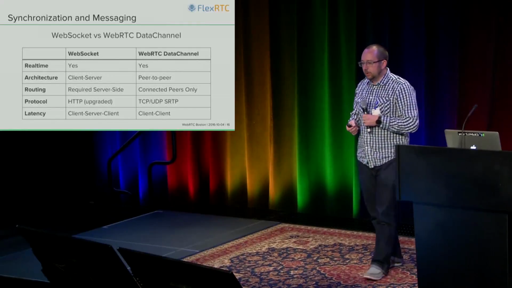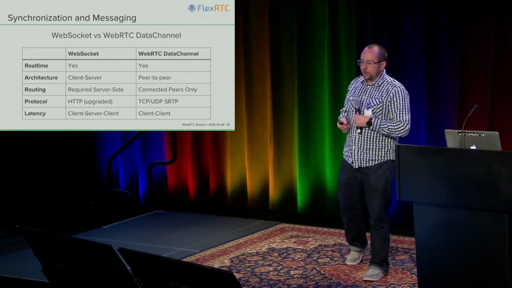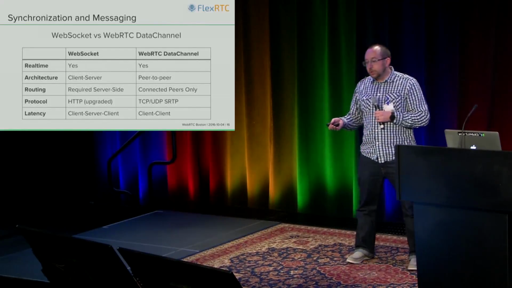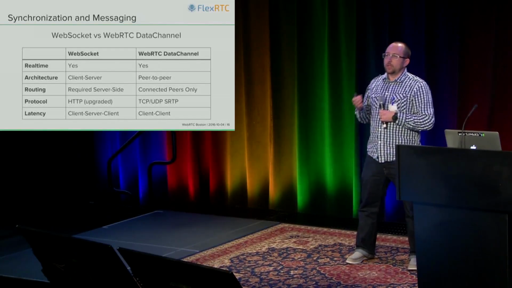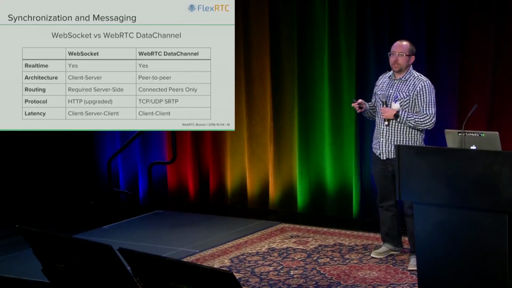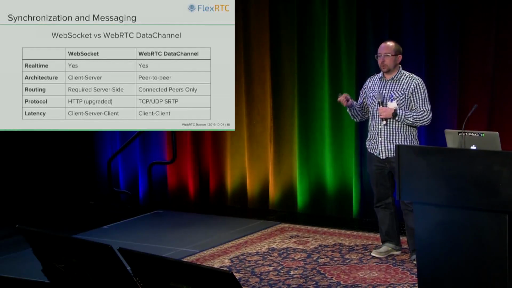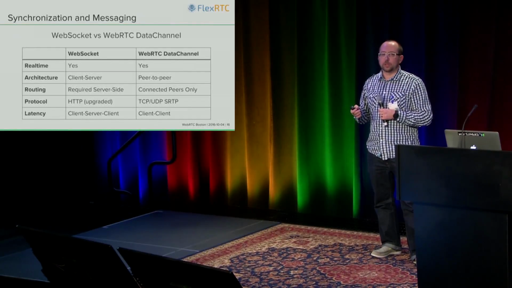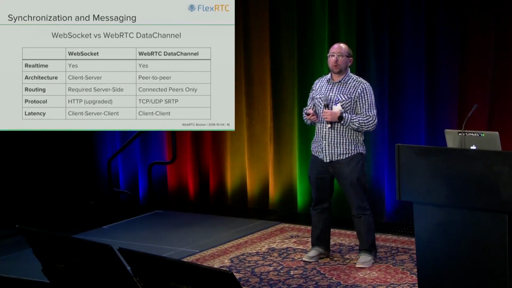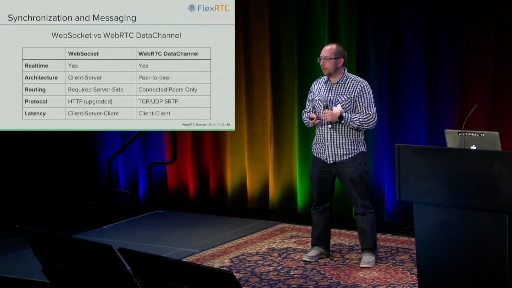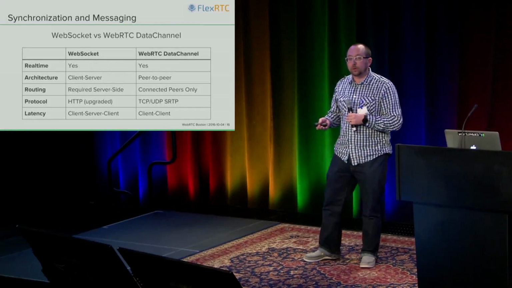As far as the WebRTC Data Channel goes, it uses SRTP on top of TCP or UDP. And what's nice about the SRTP is that you can control how those messages are delivered and control things like the message ordering, and how the retries and the timeouts are handled.